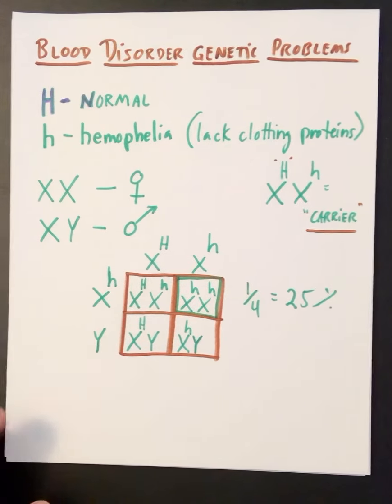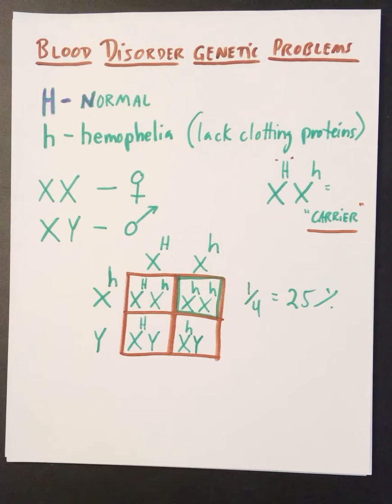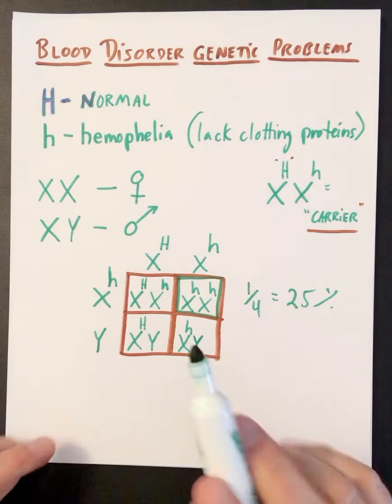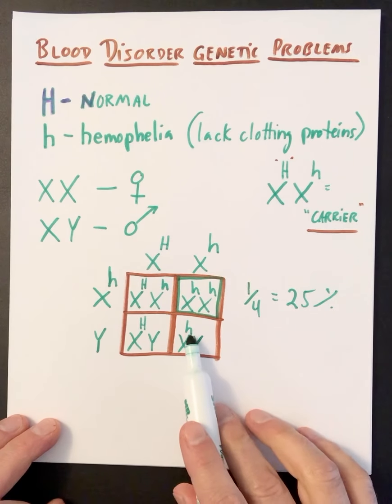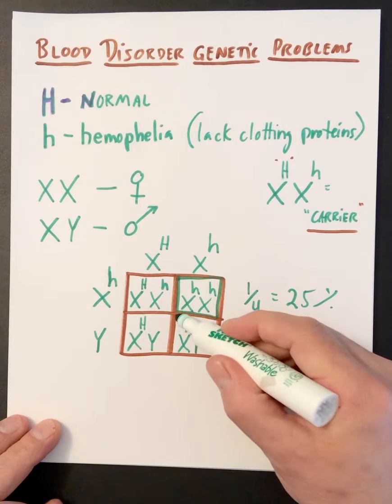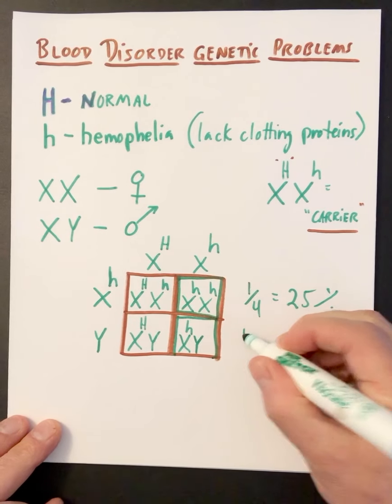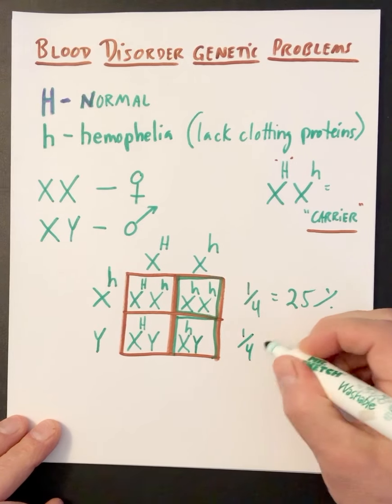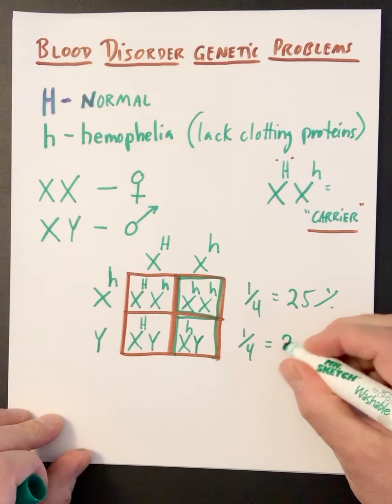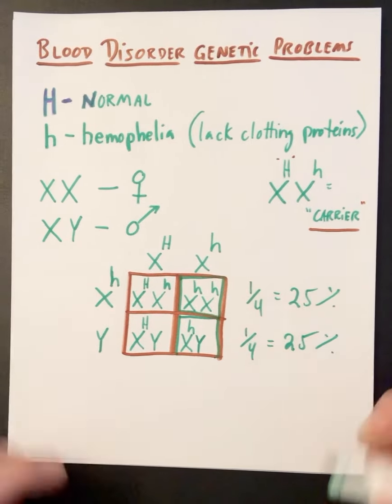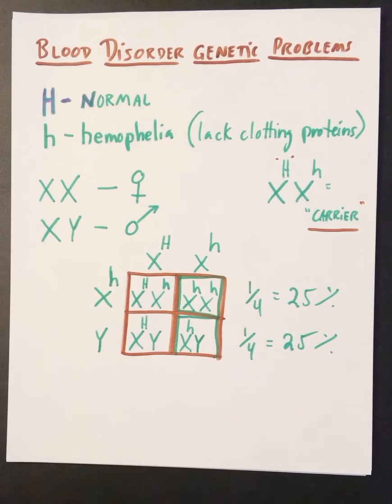Okay, here's a bonus question. What's the probability of having a male that's a hemophiliac? Well, this male will be normal. This male will be hemophiliac. So here, right here. So very similar idea. 1 out of 4, 25%. So really, they got a pretty strong shot here.